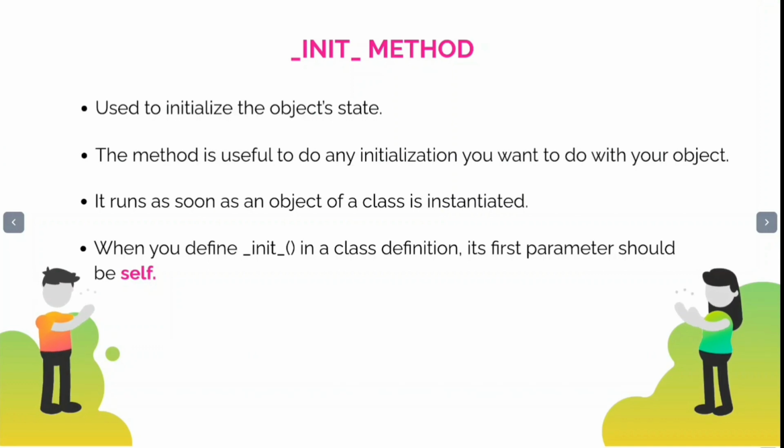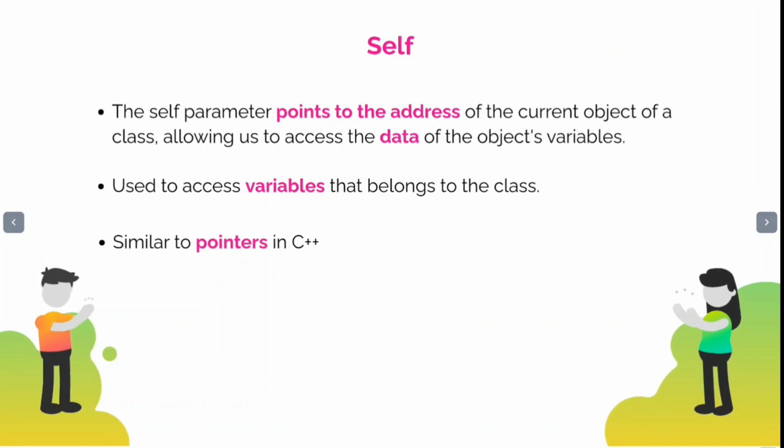When you define init in a class definition, its first parameter should be self. The self parameter points to the address of the current object of a class, allowing us to access the data of the object's variables. It is used to access variables that belong to the class.